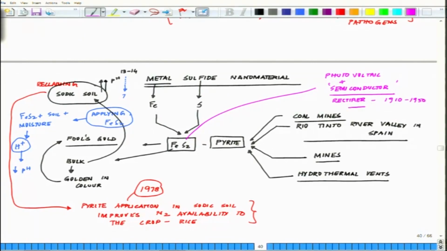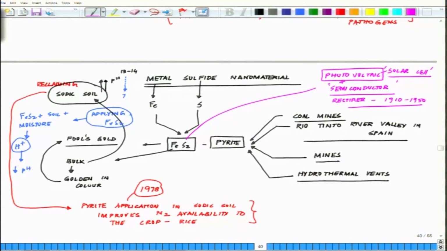This is the time when these pyrites were used as rectifiers, and it has tremendous photovoltaic potential if it could be exploited for solar cell applications. So, pyrite is nothing new to us.